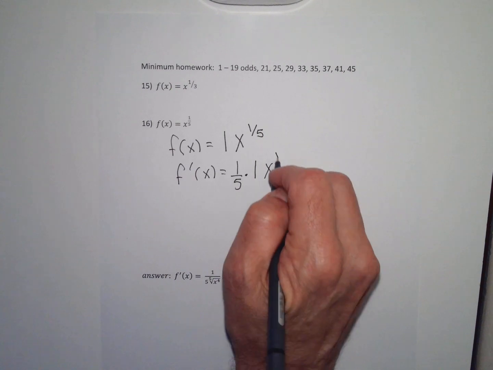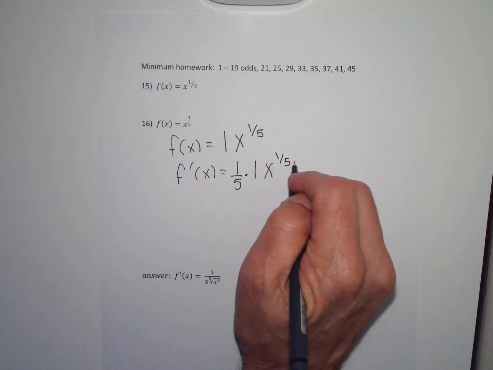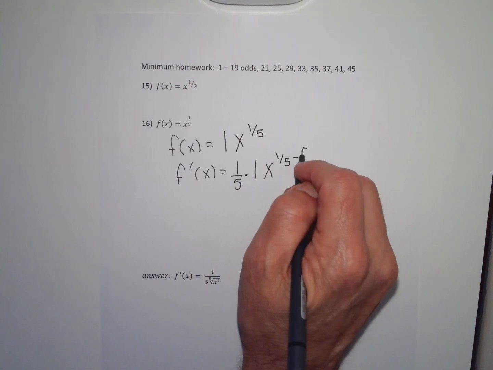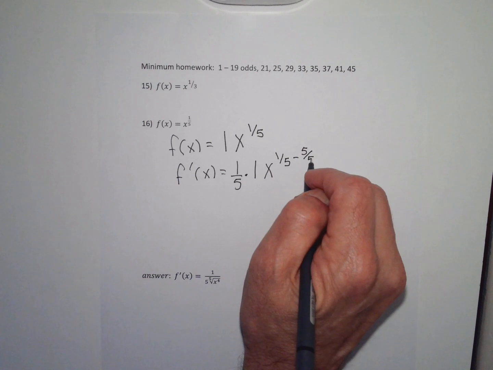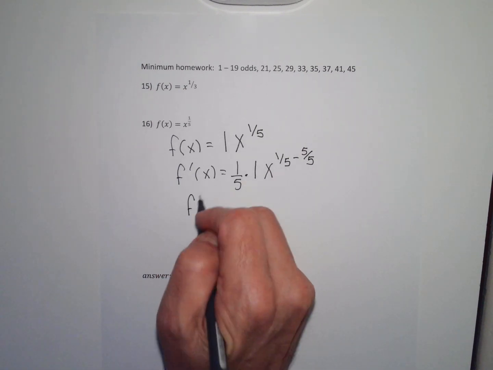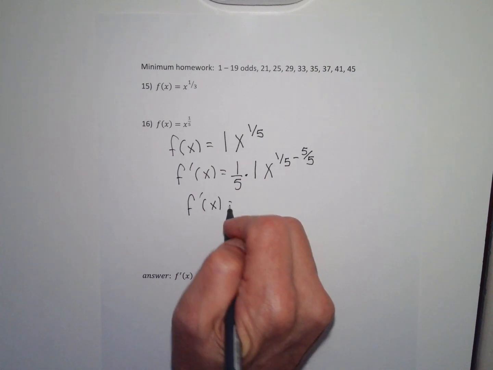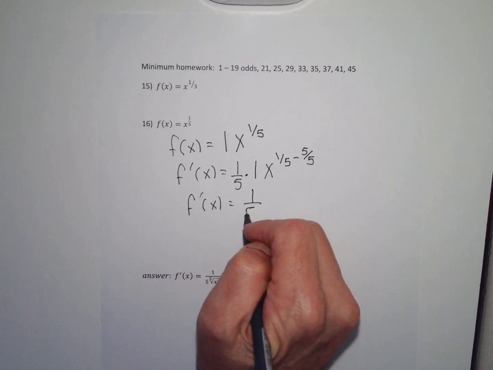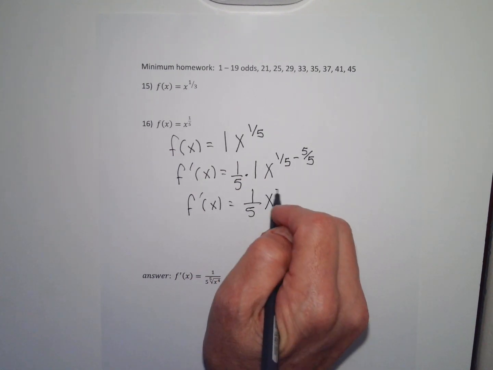I'm going to lower the exponent by 1, but the appropriate version of 1 for this fraction exponent, so I'm going to subtract 5/5. And this is going to give me the derivative is 1/5 times x to the negative 4/5.